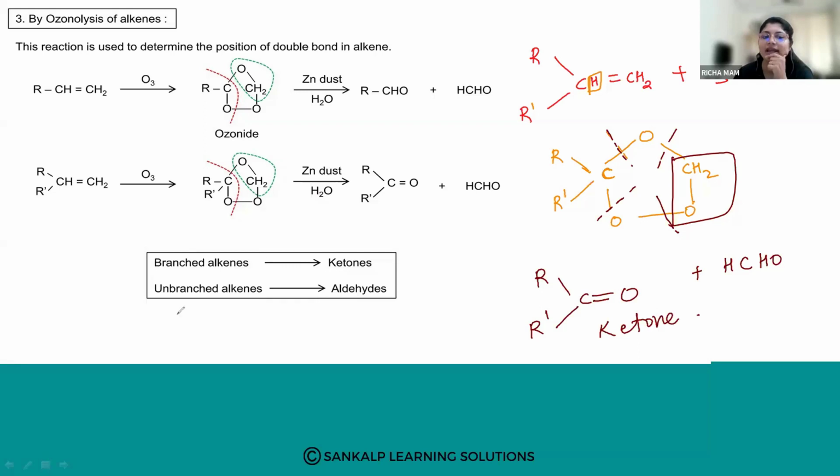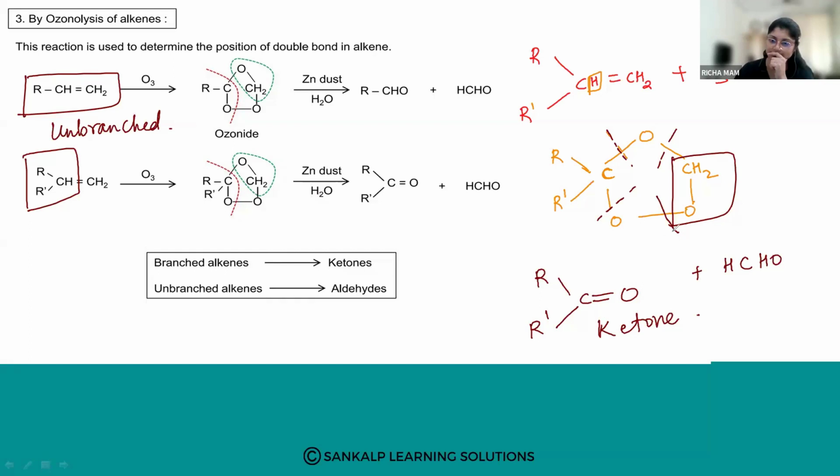Whenever there is a branched alkene, we'll get a ketone. Whenever you have an unbranched alkene, we are going to get an aldehyde. So depending upon the alkene you take, we will yield aldehyde or ketone. First add the ozone molecule across the double bond, and we get an ozonide.